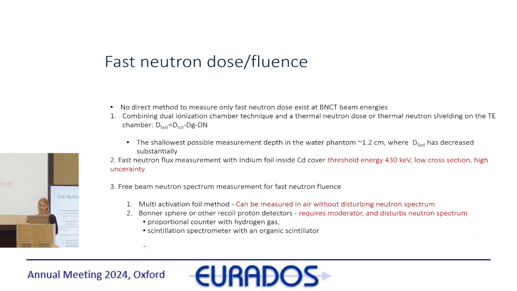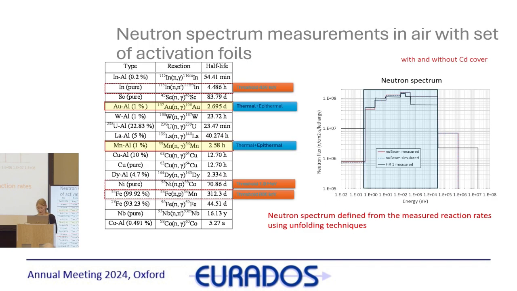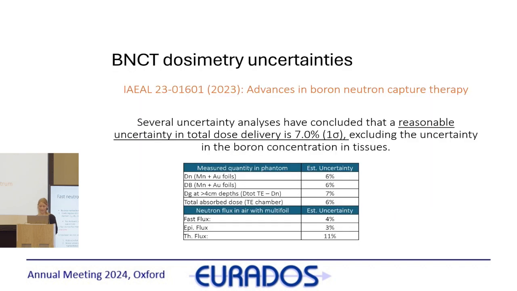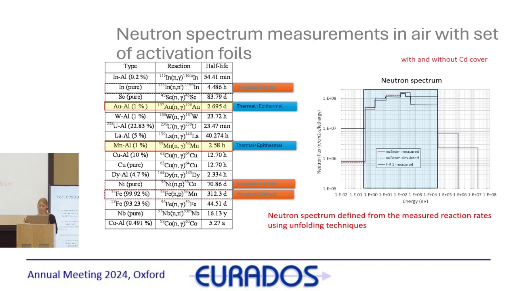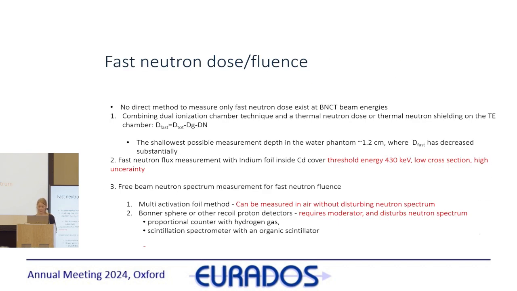So another possibility is to define the neutron spectrum in air. You can do that with the multi-activation foil method, with several foils with different energy responses, and do unfolding of the spectrum. Or you can use proton recoil detectors, like a proportional counter with hydrogen gas or a scintillation spectrometer with an organic scintillator.